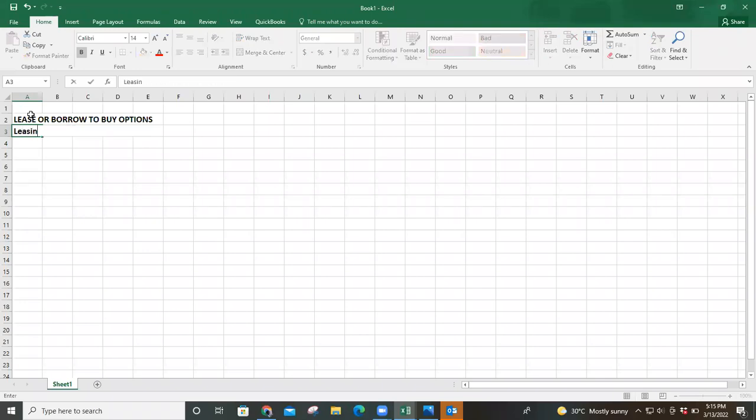We know that the leasing option has the following effects. Number one, after tax lease rentals annually or periodically.